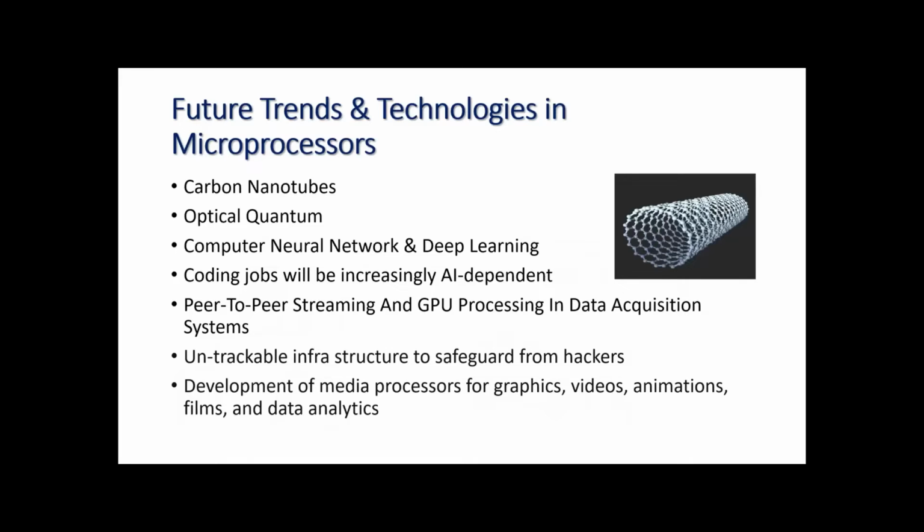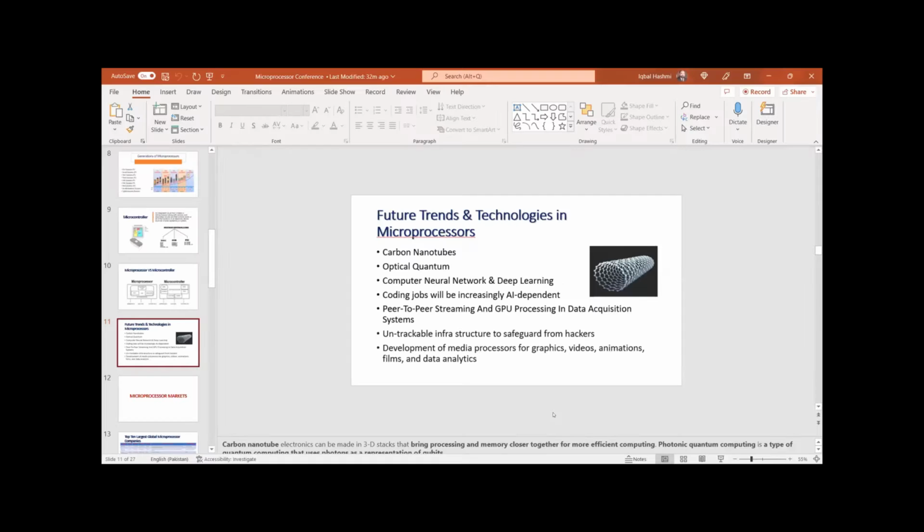These are some future trends and technology in microprocessors. The focus of the research is carbon nanotubes. Carbon nanotubes are basically electronics that can be made in 3D stacks. These are single-layered carbon atom tubes, which will bring memory and processor closer to increase the rate of computation.